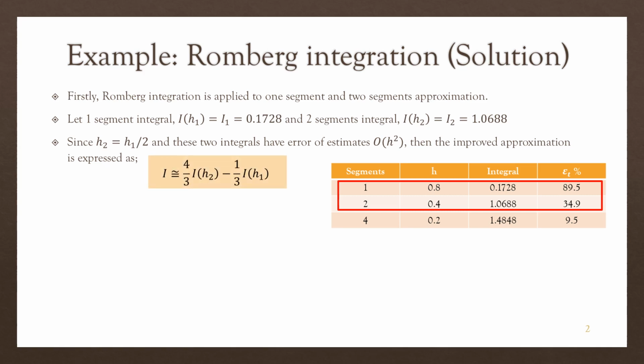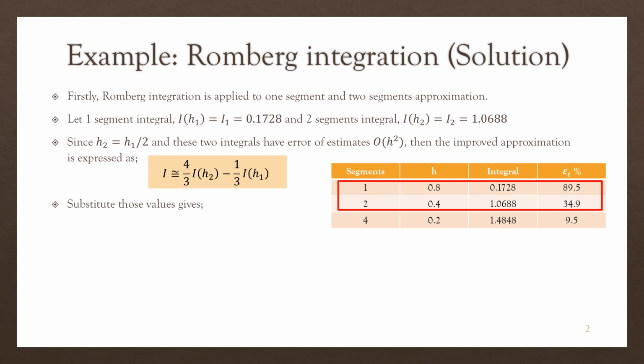So it's a special type of Romberg integration where we apply a combination of two integrals having O(h²) as the error of estimates, and the segment size is half of the other one. So we can use that special equation.